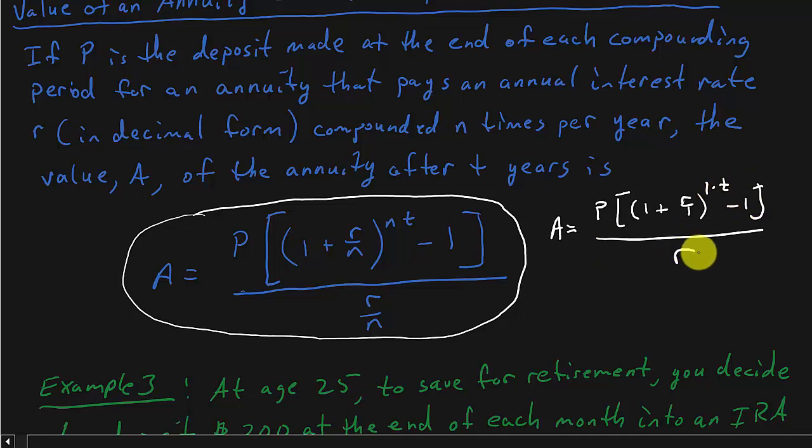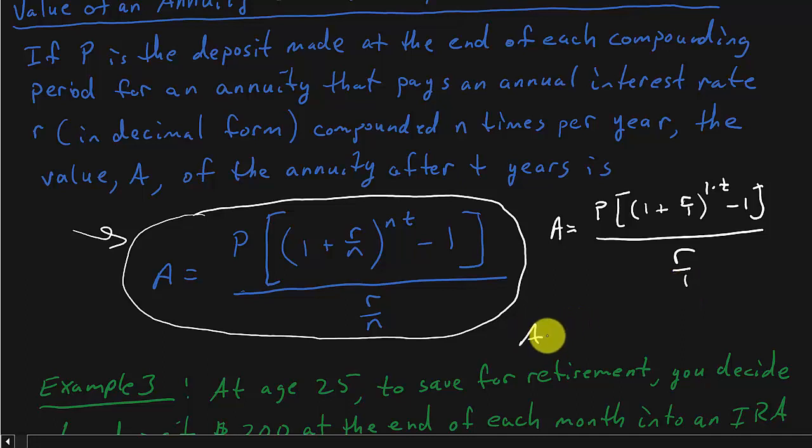So all I'm doing is showing you how you can get the formula we just used for compounded annually from this one. If it's compounded annually, N is 1. So all I'm doing is replacing the N with a 1. And that's over 1.